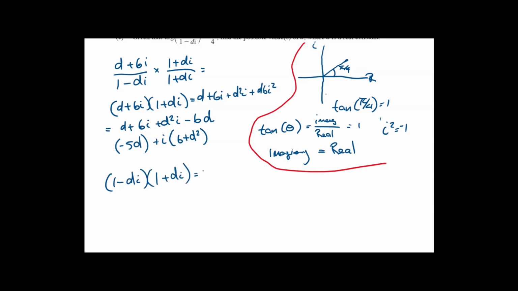So 1 times 1 is 1, minus di plus di, so the thing about that is that they disappear. And minus di times di is minus d squared i squared, which is going to be plus d squared. So 1 plus d squared, which you see is all real.